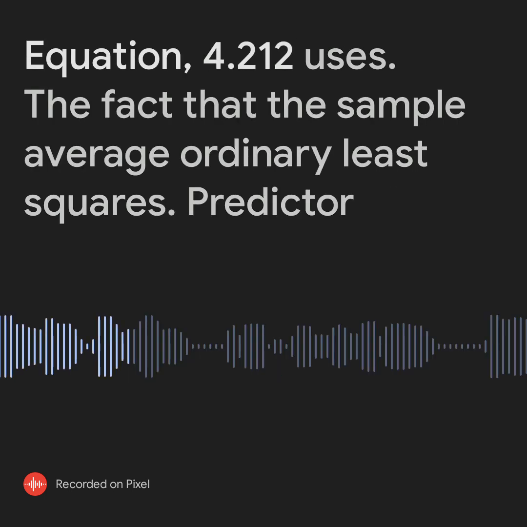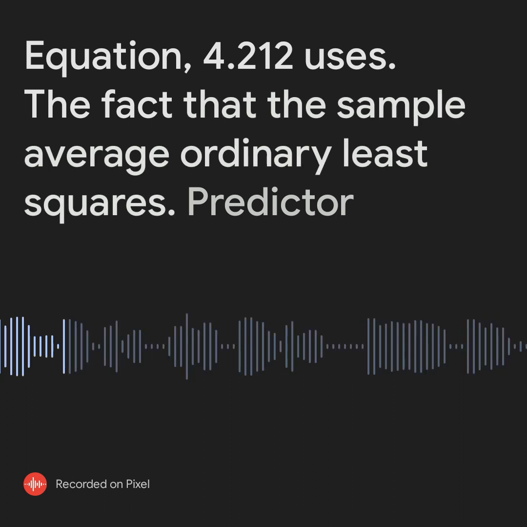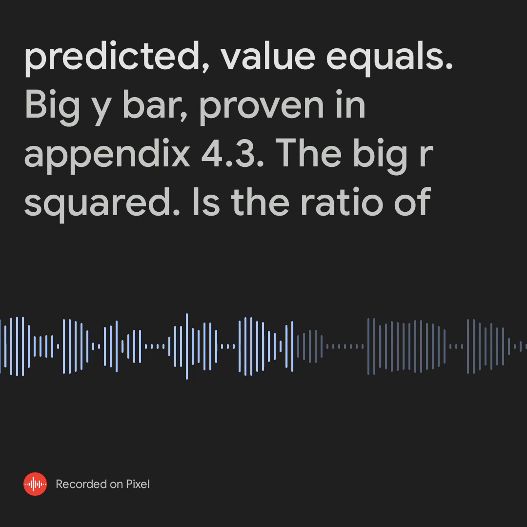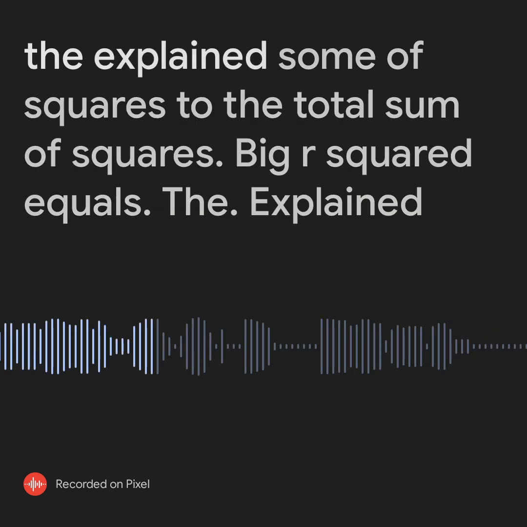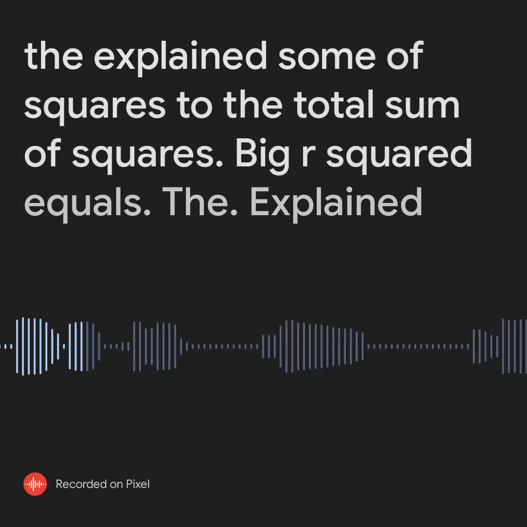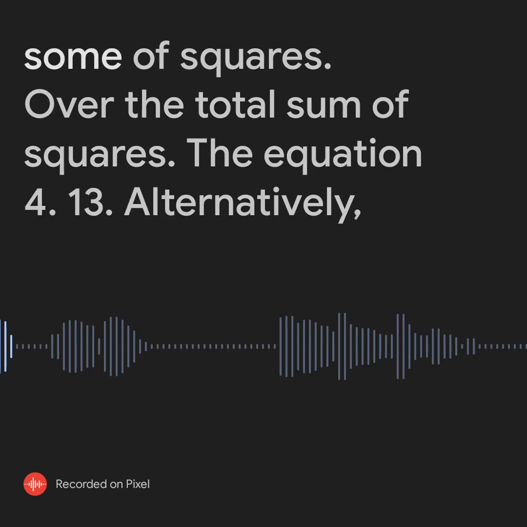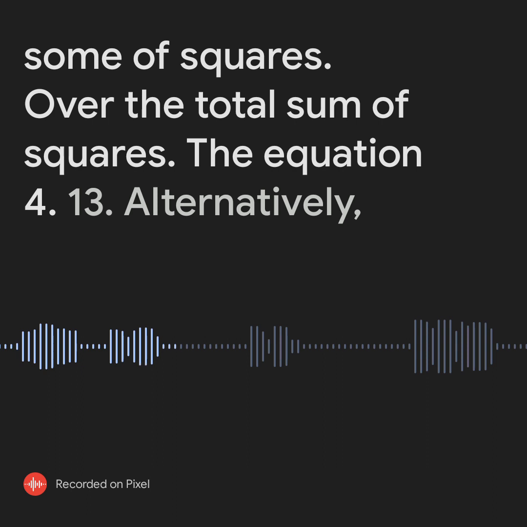Equation 4.12 uses the fact that the sample average of the ordinary least squares predicted value equals Y bar, proven in Appendix 4.3. The R squared is the ratio of the explained sum of squares to the total sum of squares. R squared equals ESS over TSS, equation 4.13.